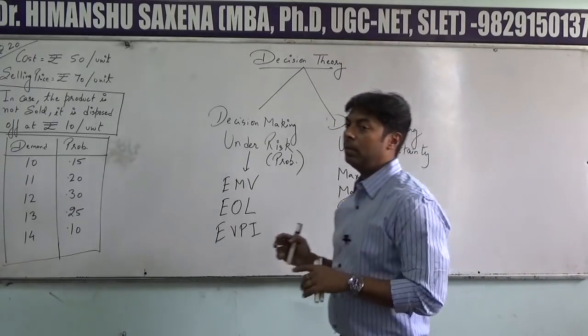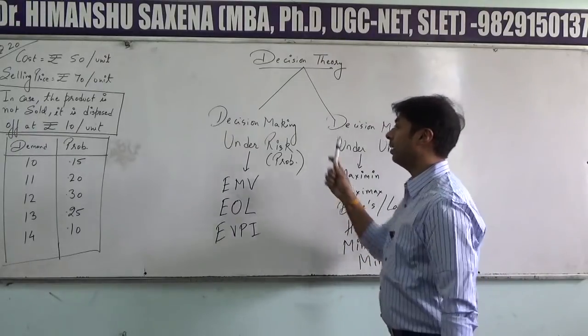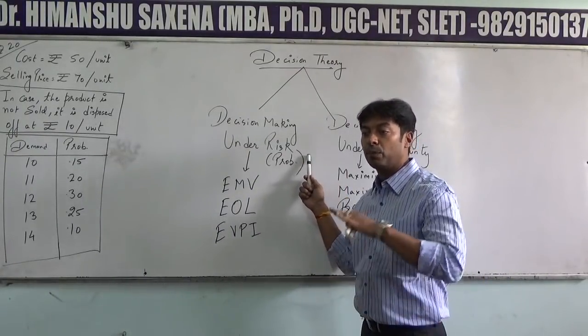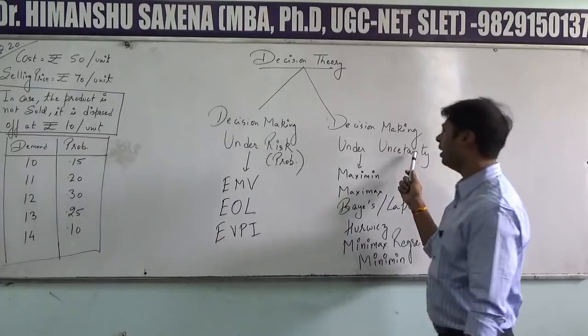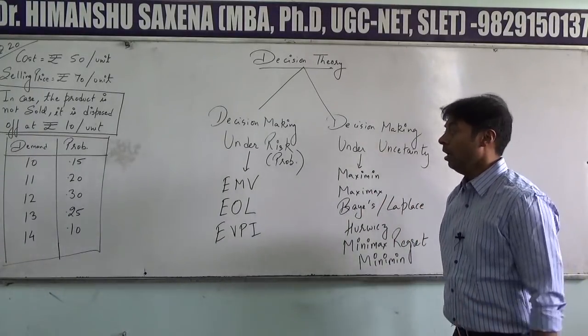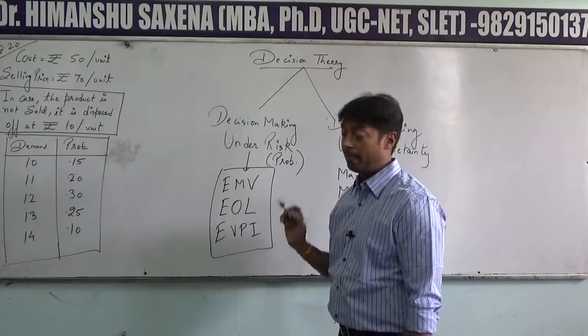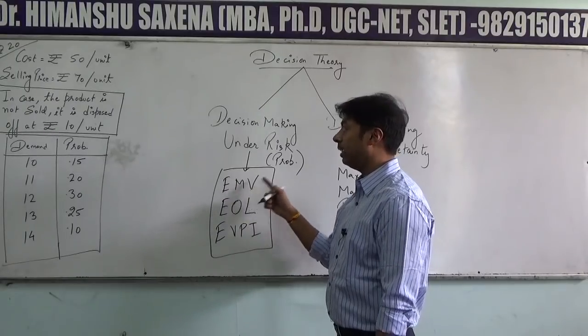But remember the golden difference between the two. Decision making under risk refers to those cases where probabilities are given, and uncertainty refers to those cases where probabilities are not given. So now we will be dealing with this part of decision theory today, whereby we will be calculating EMV.